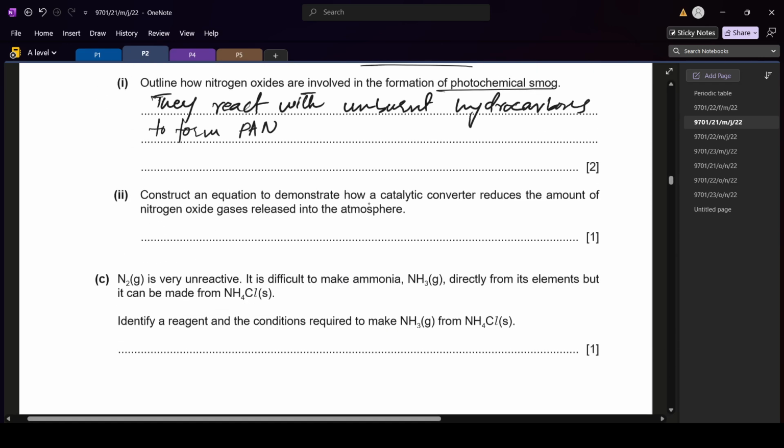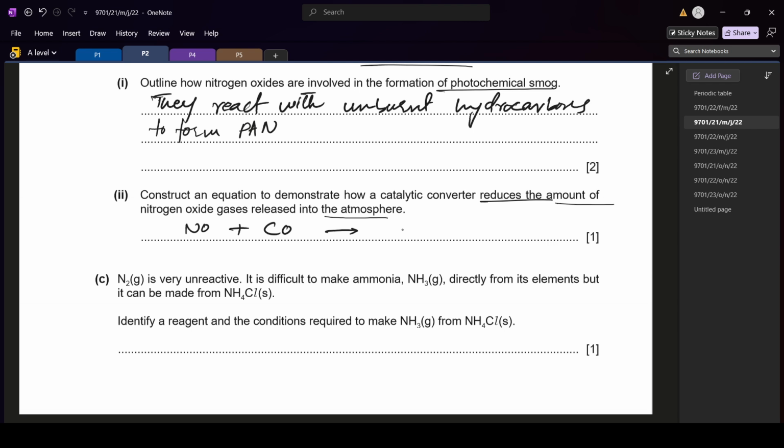Construct an equation to demonstrate how a catalytic converter reduces the amount of nitrogen oxide gases released into the atmosphere. So in a catalytic converter, nitrogen oxides are reduced to nitrogen. This is done through carbon monoxide. Carbon monoxide is a reducing agent.